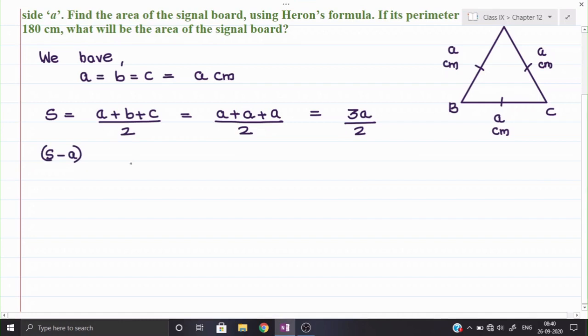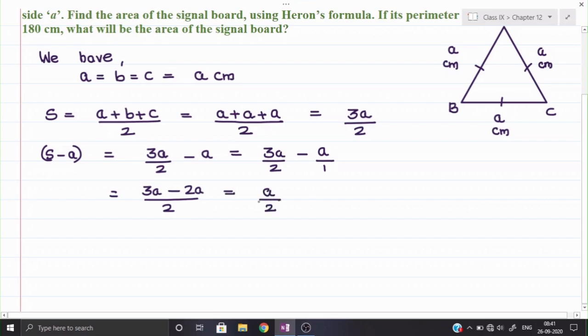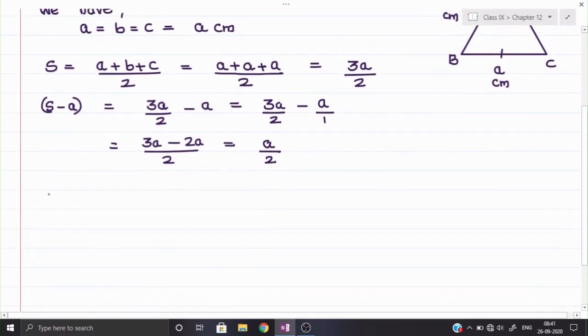S we already have, so I am calculating here s minus a, that is 3a upon 2 minus a, that will be equal to 3a upon 2 minus a upon 1. In the upon of a I can suppose 1. So here I will take the LCM as 2. Cross multiplication, this will be 3a minus 2a, means what value am I getting here, a upon 2. Now see, this whole calculation would be difficult for us inside the square root symbol. So now only we are calculating.